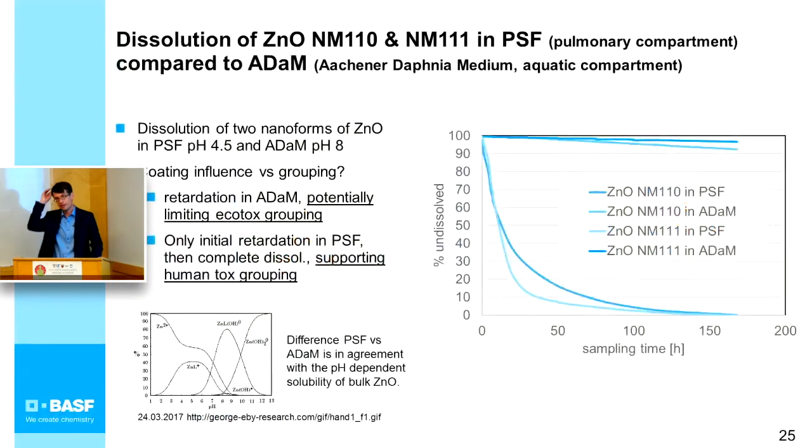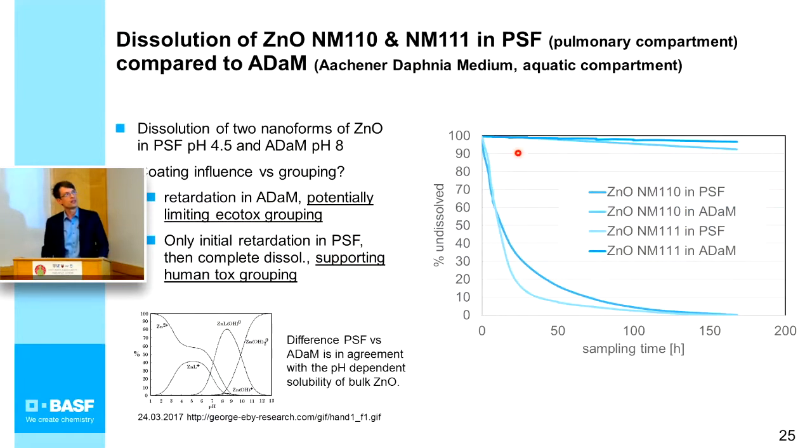But we can now go a step further and look at ecotox situations. So we had Daphnia medium, and we compare it against PSF, phagolysosomal simulant fluid, which was invented by Alex Stefaniak. And we look at two different versions of zinc oxide, with a coating, that's the NM111, and without a coating.